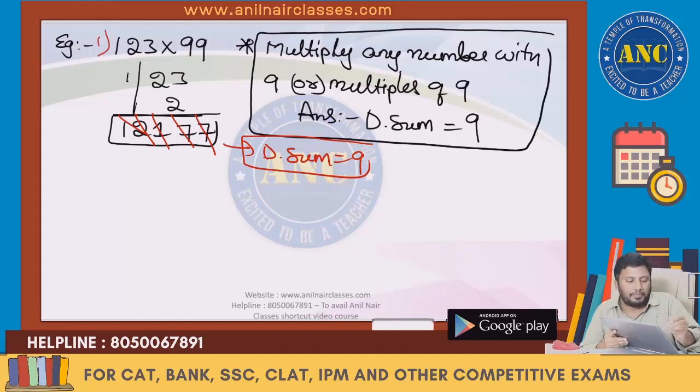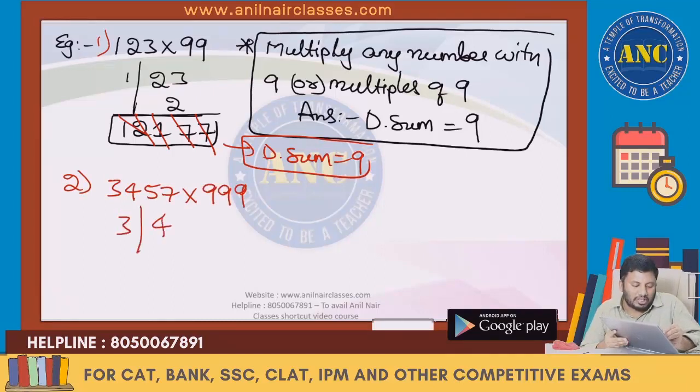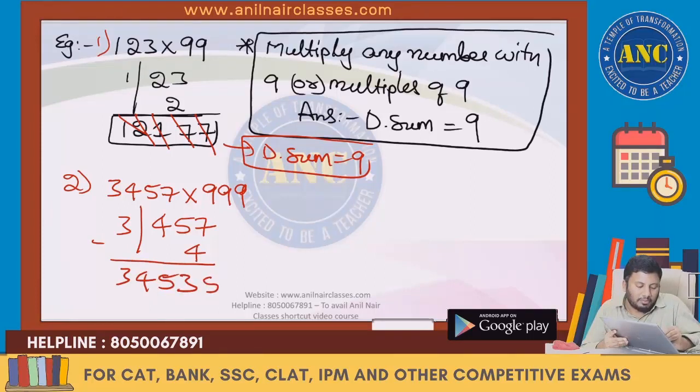First example. Second one: 3457 into 999. One more to explain this point. 3 slash 457. 3 plus 1 is 4, which is 3453. 9 minus 4, 9 minus 5, 10 minus 7.